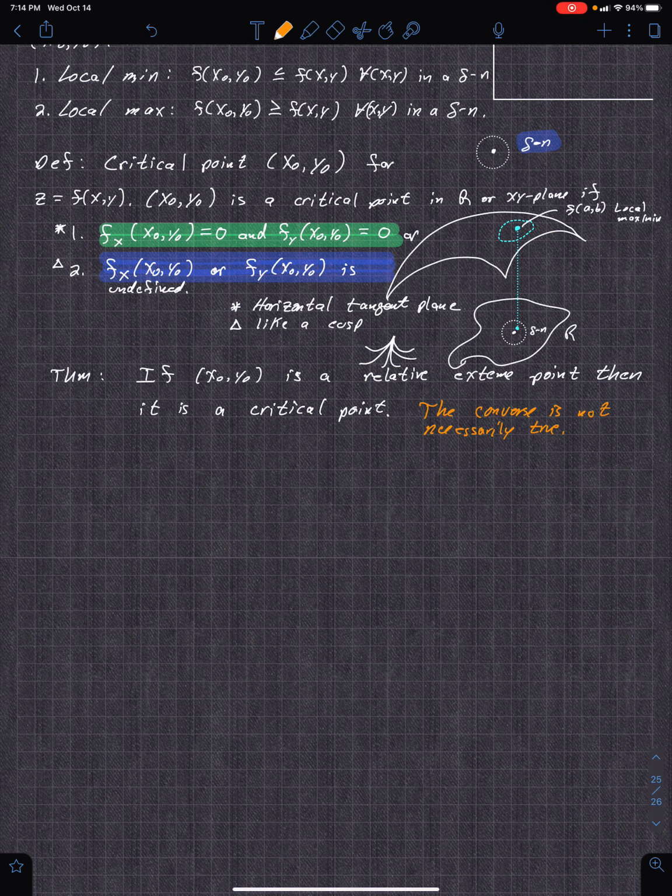Okay, you have to test it. So another way of saying this is relative or local extrema only occur at critical points.